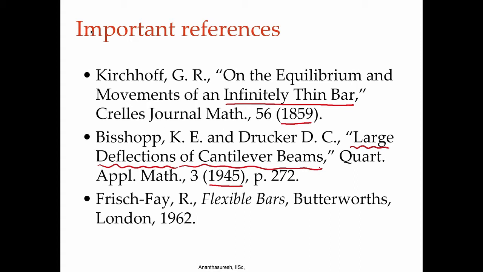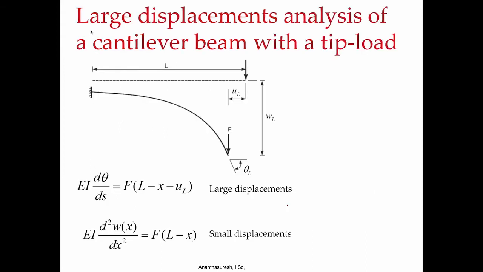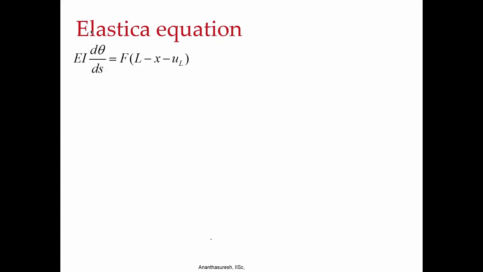And there is this beautiful book called Flexible Bars, written by Frisch-Fay, and this book is a comprehensive set of chapters that deal with various beams under various loading conditions. So, these references will be good to use to understand more than what we will discuss in today's lecture.